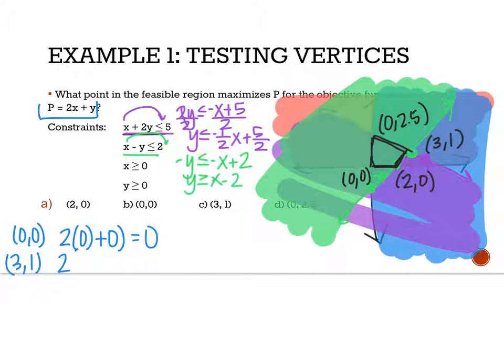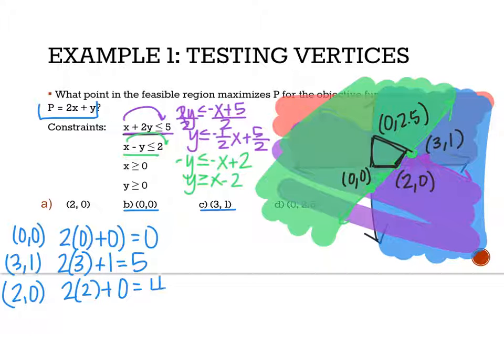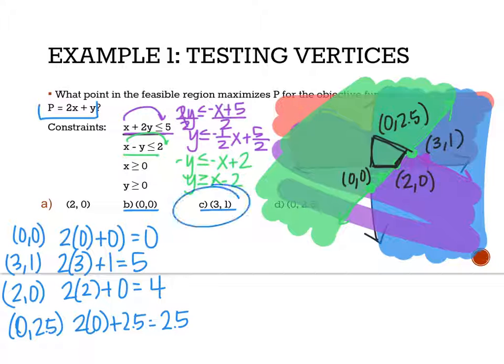That's going to be 2 times 3 plus 1, which is 5. Let's do 2, 0. You always want to try the hard one last, so we'll save the decimal for last. That's going to be 2 times 2 plus 0, so that's 4. And then the decimal is going to be 0, 2.5. So that's going to be 2 times 0 plus 2.5, and that equals 2.5. So whichever one of those is the highest, which is 3, 1, is the answer. So C.